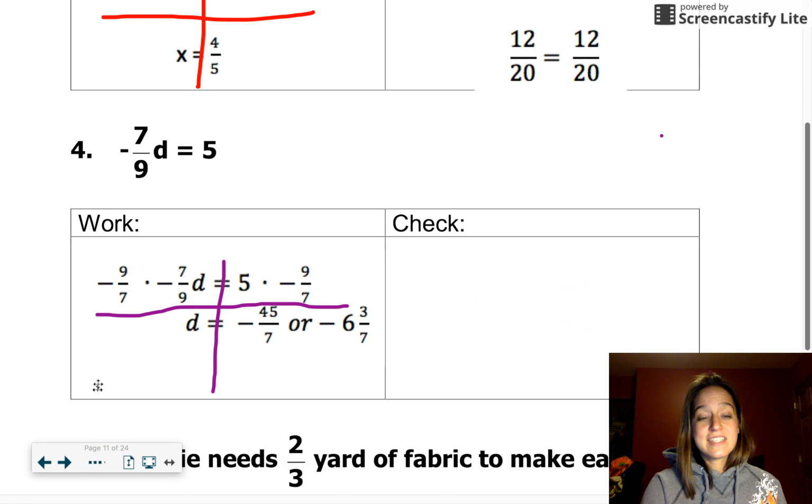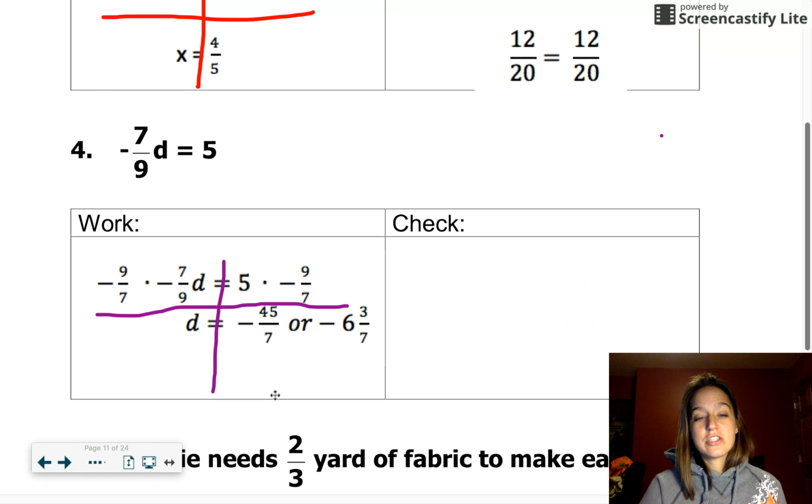Because on this side, I want it to just say D. And so therefore I got it ending up where the -9/7 and the -7/9 cancel each other out, and I get D. On this side, when I multiply, remember you can't multiply with mixed numbers and you can't multiply with whole numbers.